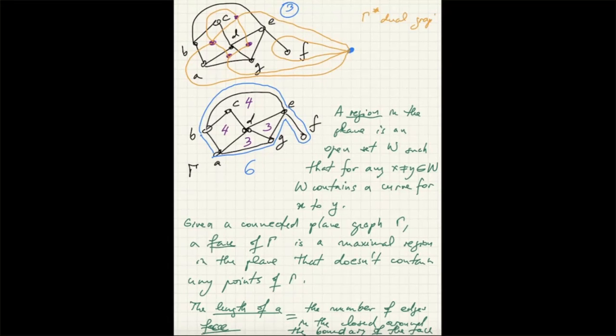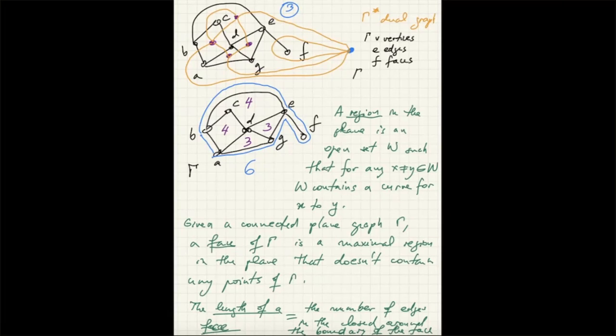We gave a definition by an example. This is also a planar graph. So for our original graph, gamma, we have V vertices, E edges, and F faces.